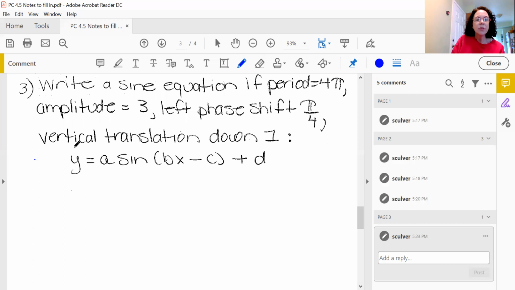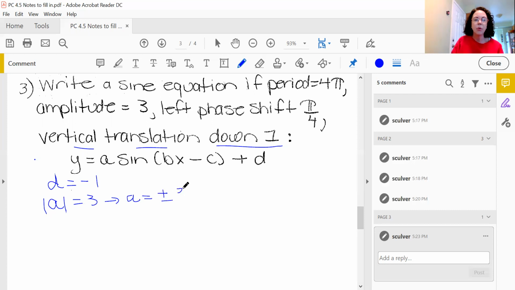There's a vertical translation down 1, so my D is equal to -1. Next, I do the amplitude, which would be my A. It says the absolute value of A, the amplitude, is 3, meaning my A could then be plus or -3.